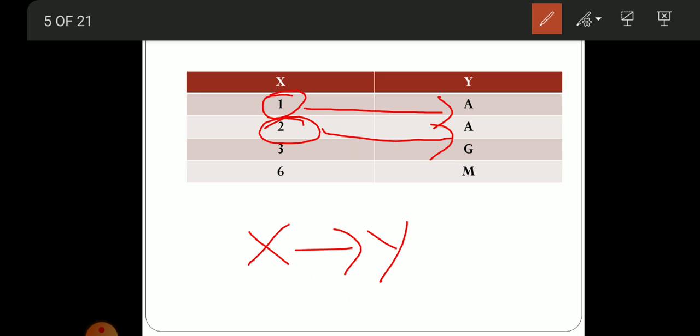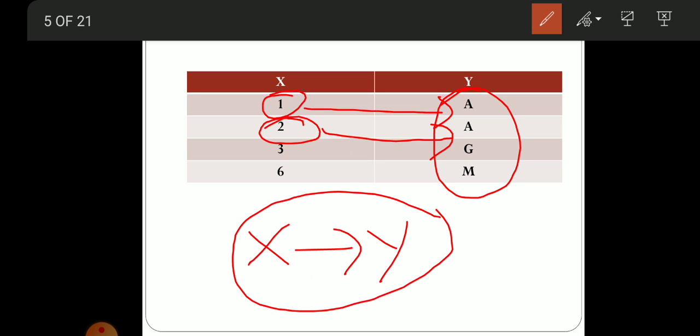Because we can have the same values of Y on different values of X. It can be possible. According to our previous example, we can have different roll numbers but the marks can be the same, right? So we can say there is no problem. We can say that the value of each Y is dependent on the value of X. So here X can determine Y, or this functional dependency exists, right?